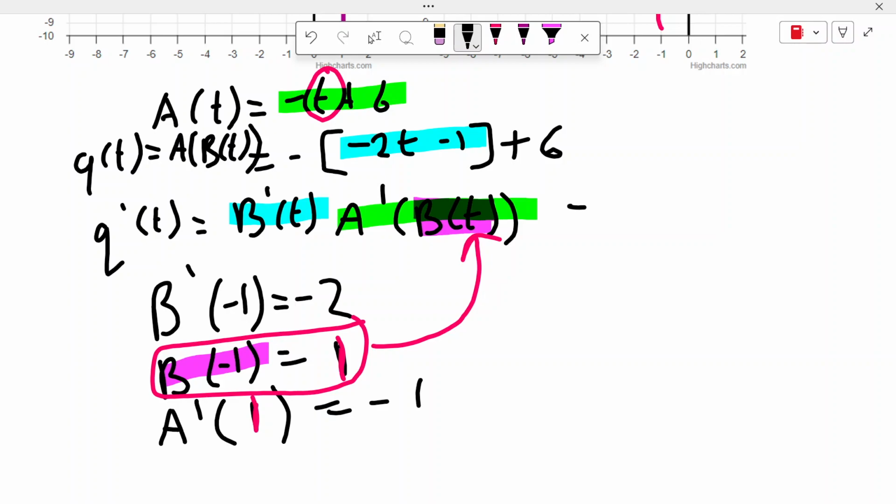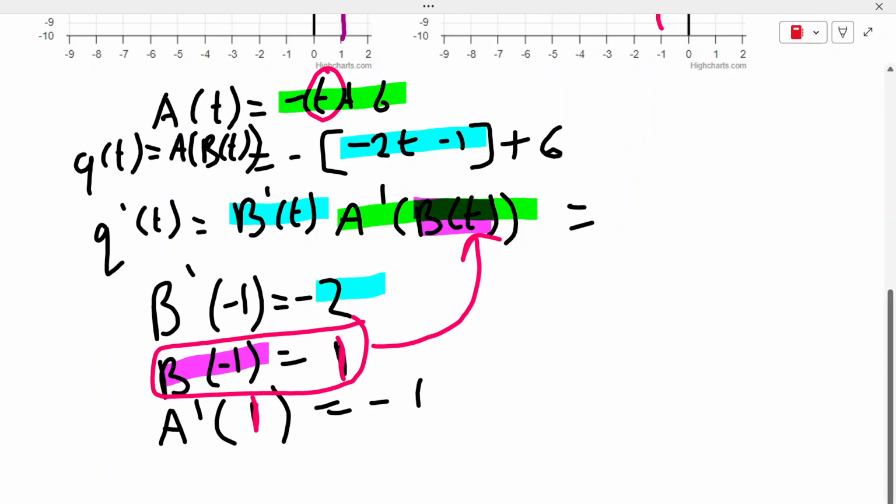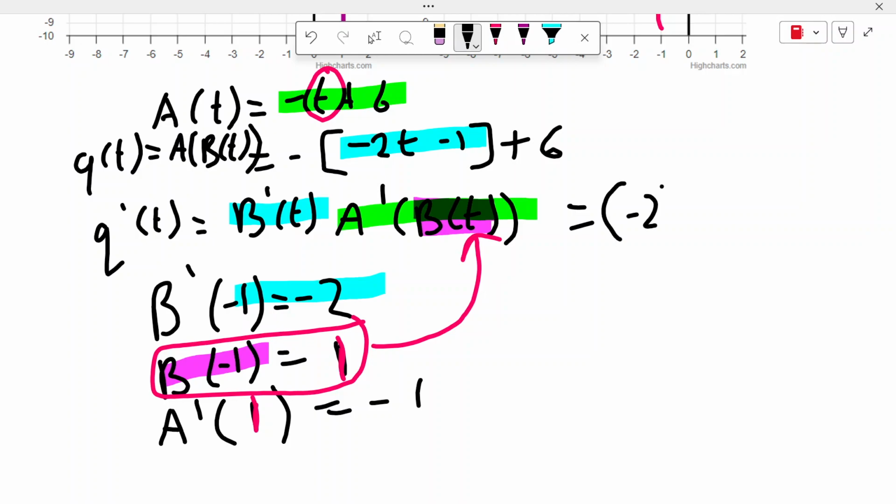And that is our final answer. So we kind of grab this bit in blue, right? And we stick him back in the equation. And now we grab this bit in green and we stick him back into the equation. And we are done.